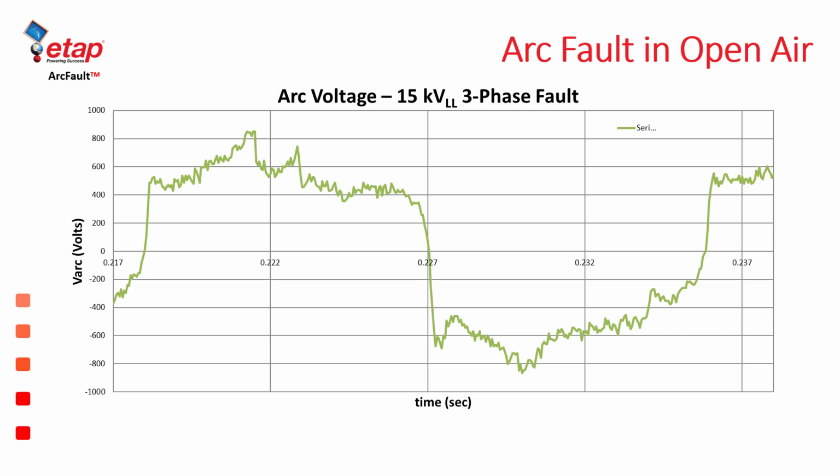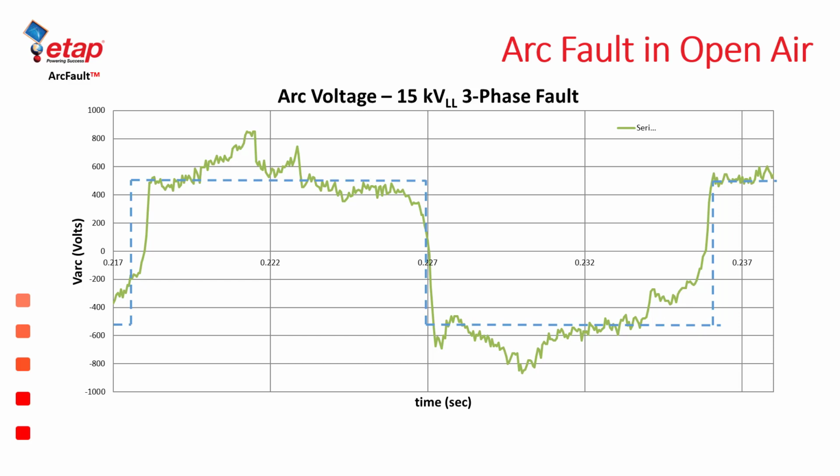Here we see another measurement, and the reason we have this particular example is because we are now seeing a three-phase open air arc fault. What's important is that we can compare this to the previous example, where the behavior of the arc voltage seemed to resemble that of a square wave.